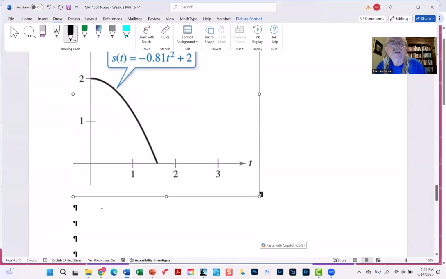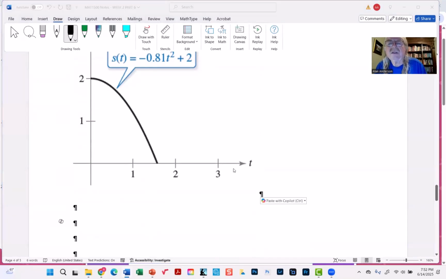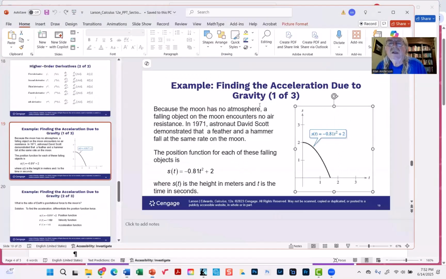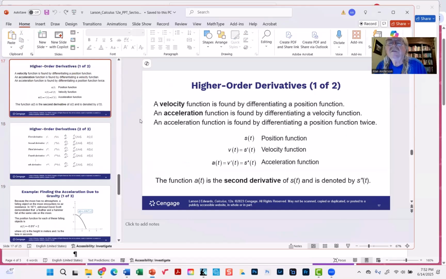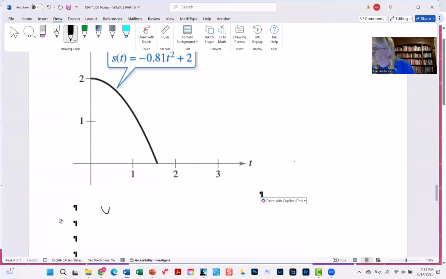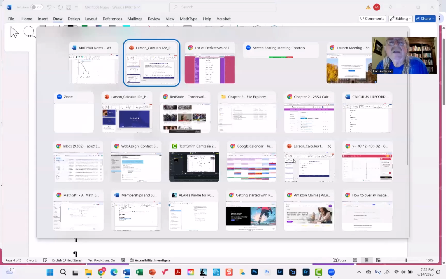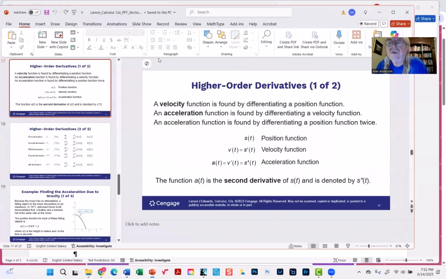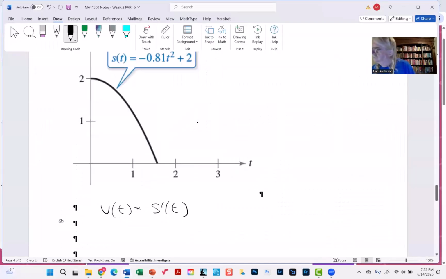And they would like to remind us here, as they did a couple of slides ago, that the velocity is the first derivative of the position, which is s. And then acceleration is defined as the first derivative of velocity, which implies that's the second derivative of the position function.